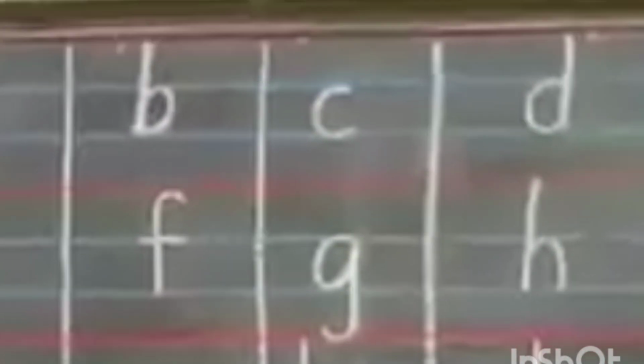So the letters which we had started with the red line and end on the blue line from the top, they were sky letters. Now tell me, what are the grass letters? Grass letters are those letters which come between these two blue lines. These four lines indicate the earth.